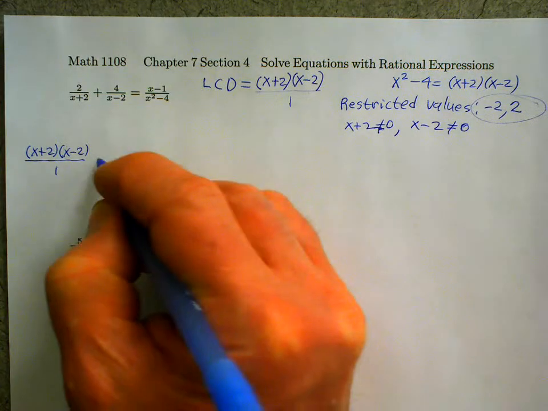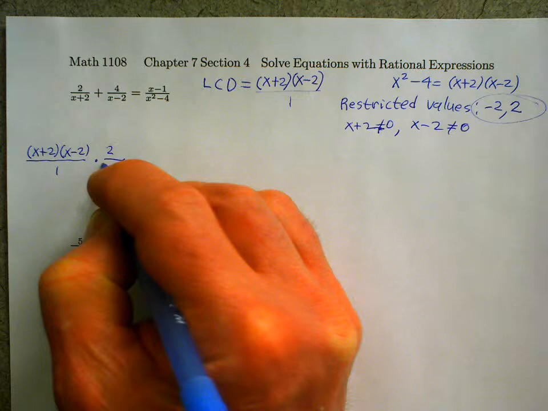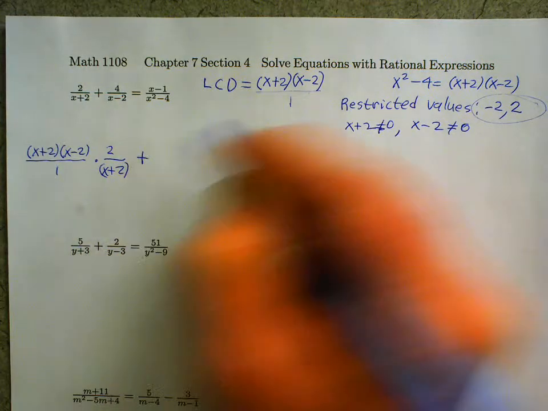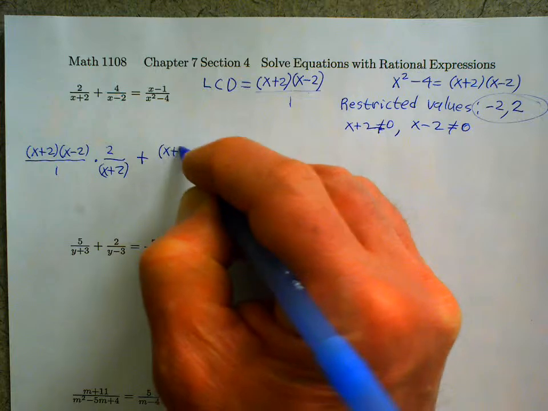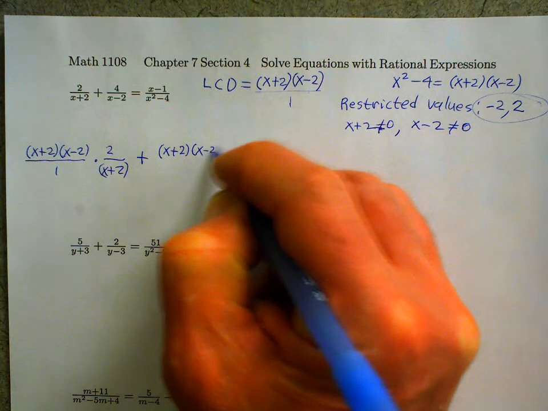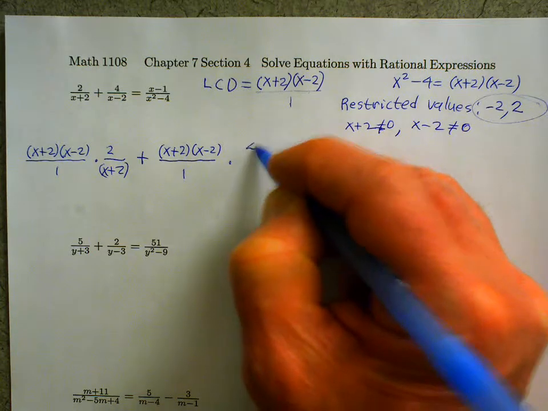So multiply that by the term 2 over x plus 2. Then also multiply x plus 2 times x minus 2 times 4 over x minus 2.